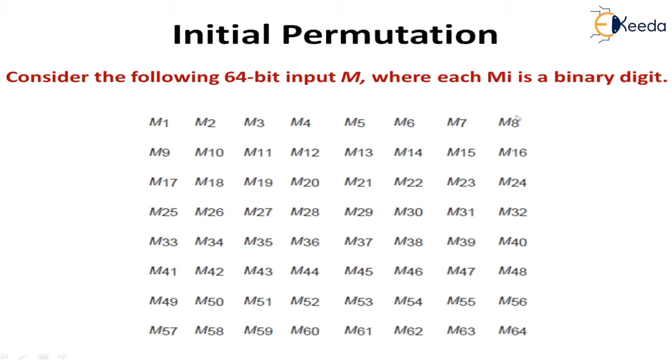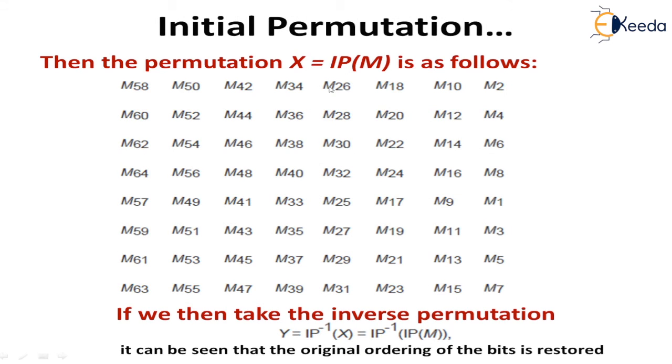There is an 8 by 8 matrix, a total of 64 bits, as M. Next, the equation for permutation is X equals IP of M, and when we take the inverse permutation IP inverse, Y is the output we get with this equation. It can be seen that the original ordering of the bits is restored. It is not going to change.